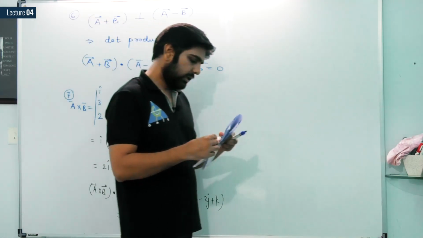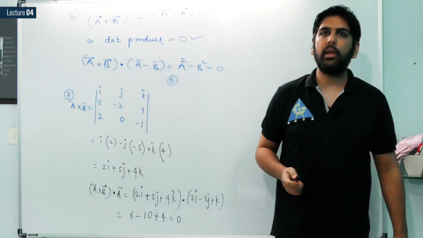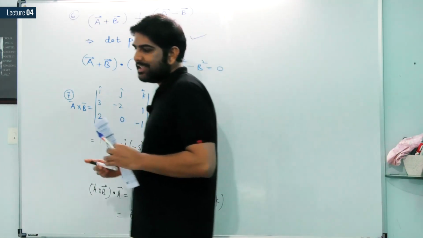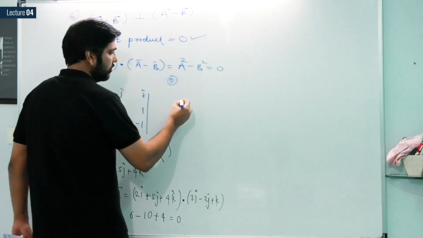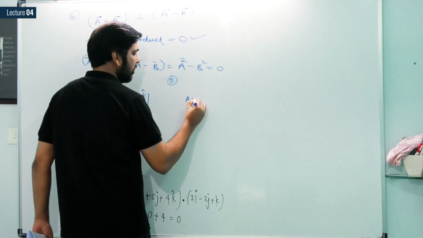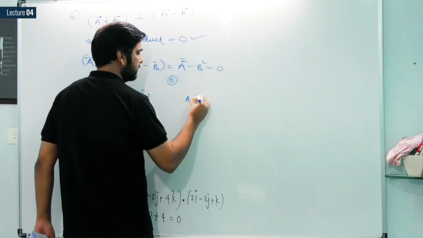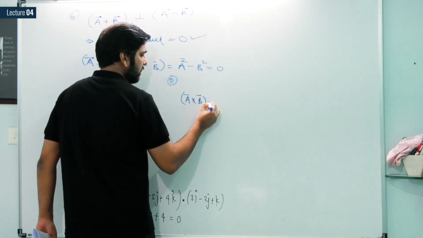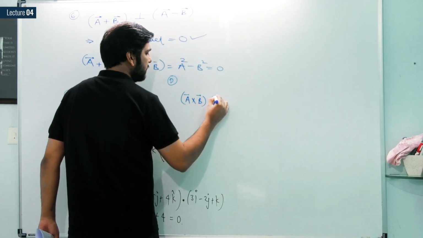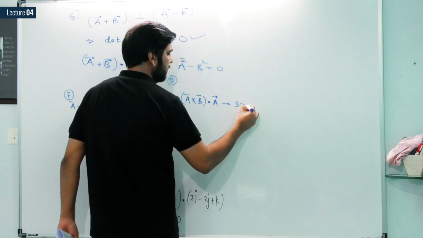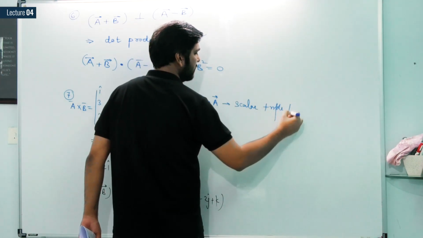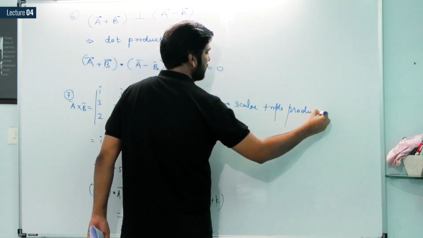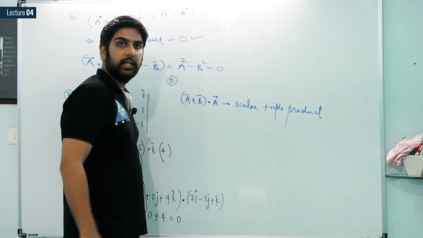But remember one thing, A dot B cross C or A cross B dot C is nothing but a scalar triple product. So A cross B dot A is nothing but a scalar triple product. What do we mean by scalar triple product?